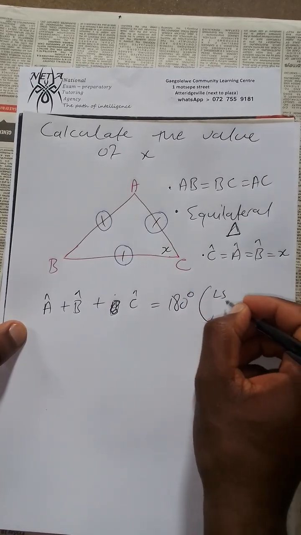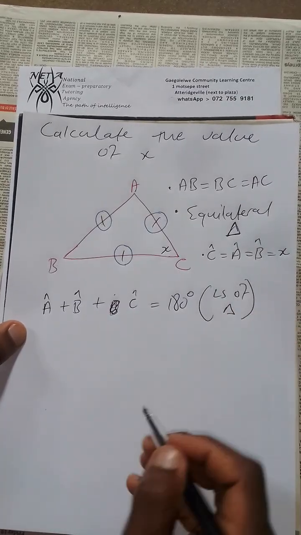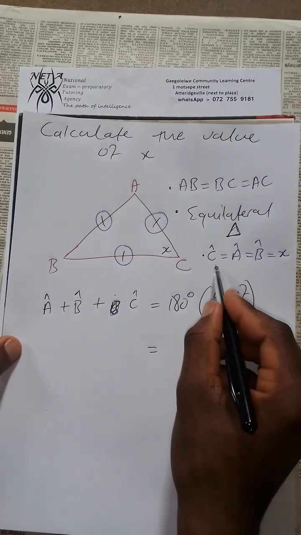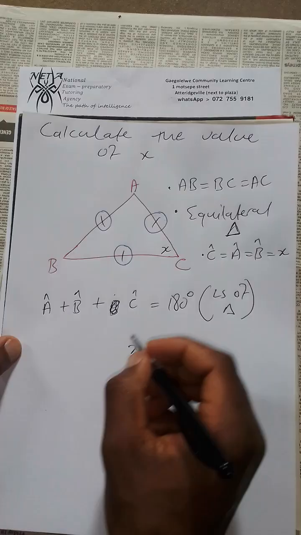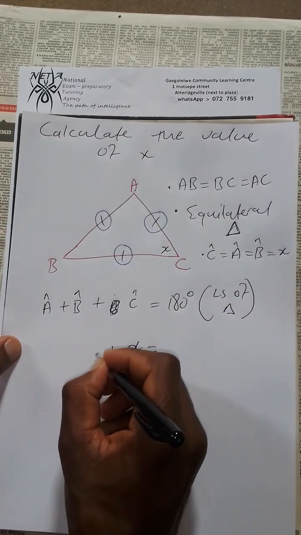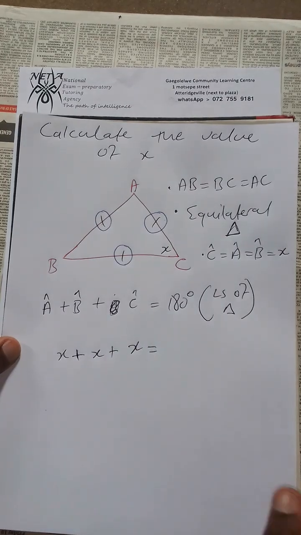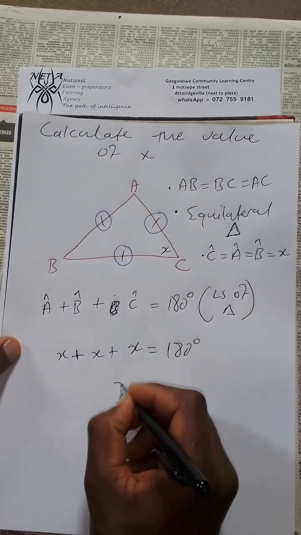When they are supplementary, it means that they add up to 180 degrees, and the reason is angles of a triangle. We know that our angle C is x. We established that our angle B is also x, and our angle A is also x, because all angles of an equilateral triangle are always equal. Then we solve for x.